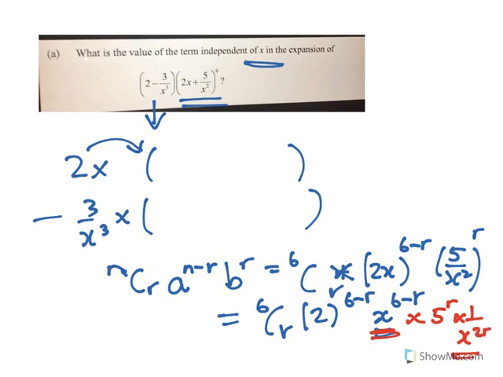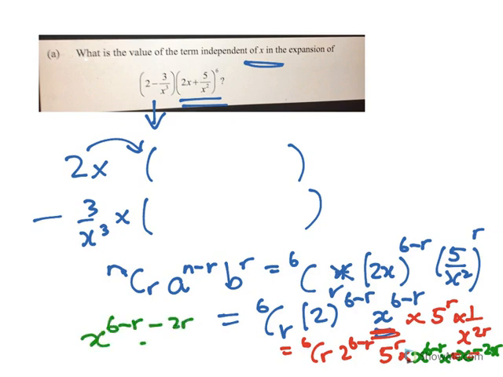I'm interested in getting all of the x's together, so it's 6Cr, 2 to the 6 minus r, 5 to the r times, and then we can just do x to the 6 minus r times x to the minus 2r. If you look at the x's, it's x to the 6 minus r minus 2r, because I add the indices, so it's x to the 6 minus 3r.